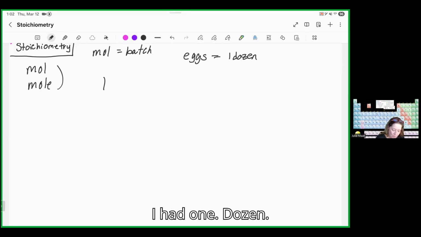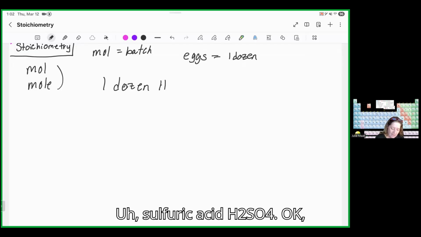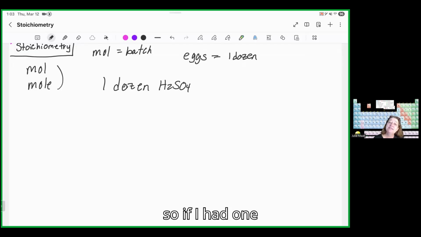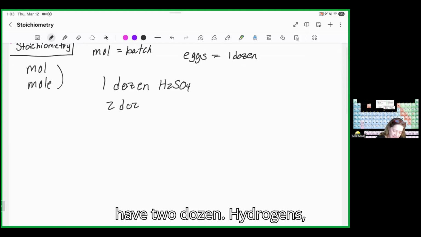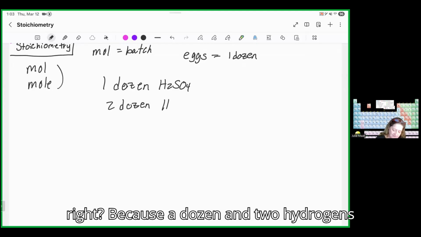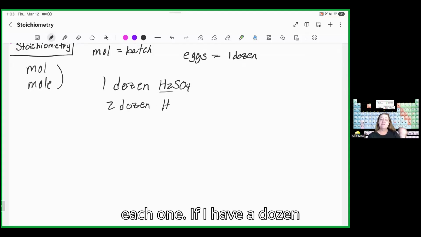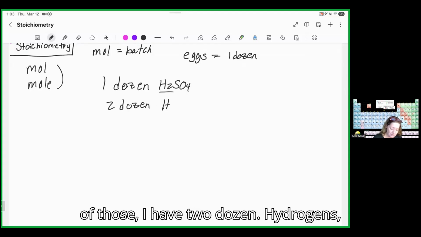So let's take a look at this. If I had 1 dozen sulfuric acid, H2SO4, I would have 2 dozen hydrogens, because each one has 2 hydrogens, so if I have a dozen of those, I have 2 dozen hydrogens.